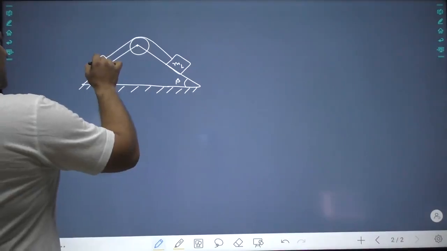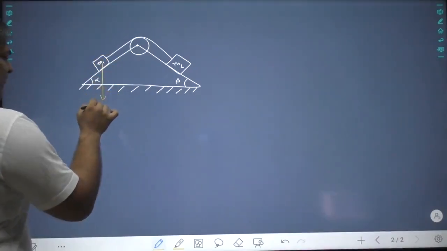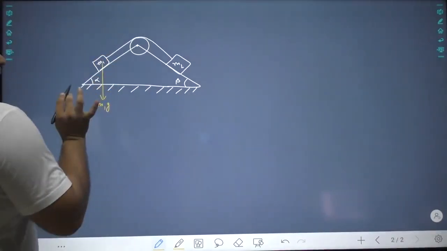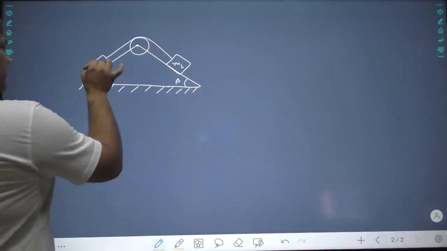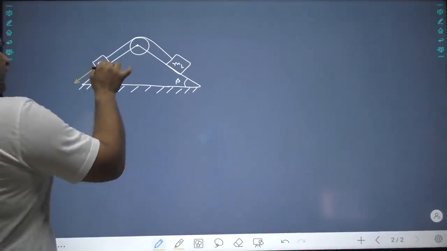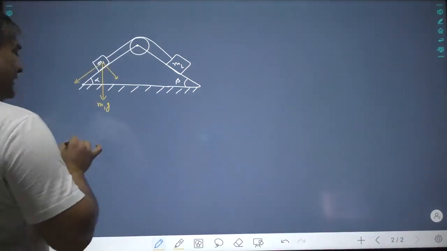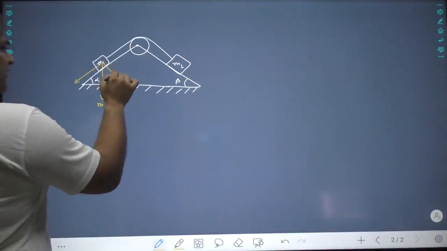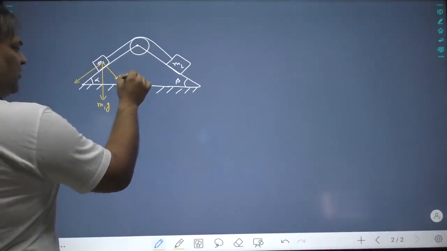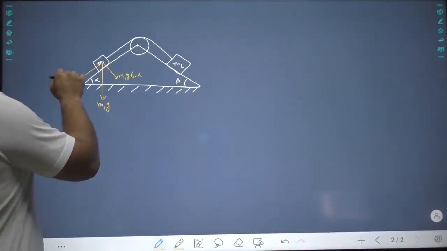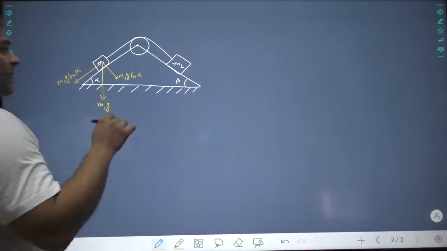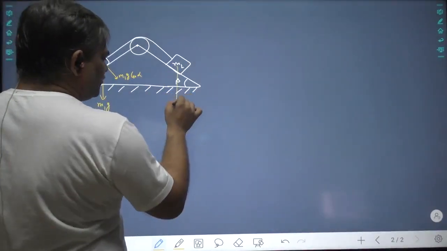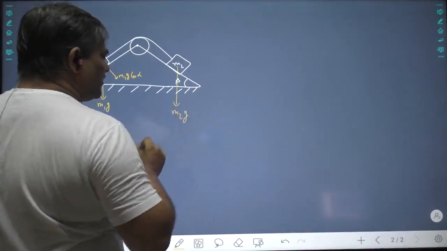So the weight will act M1G downwards. Break everything into two components, one along, one perpendicular. Clearly M1G, this is alpha, this is 90 minus alpha, this is alpha. So M1G cos alpha, M1G sin alpha. Here also M2G will directly act downwards.